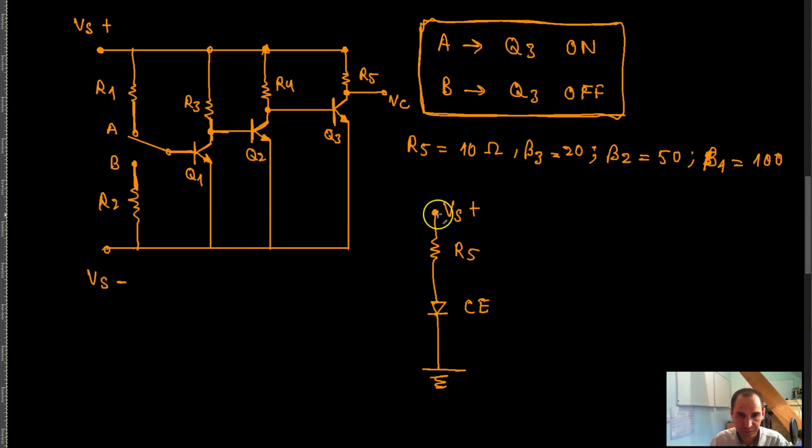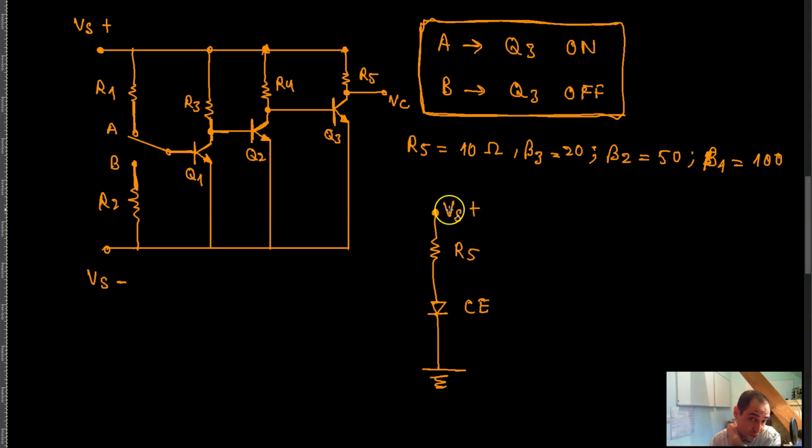So this is a simple series circuit, and if you add the voltage drops across each of these components, that has to add up to V of S, your supply voltage.